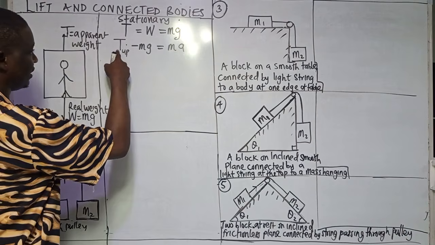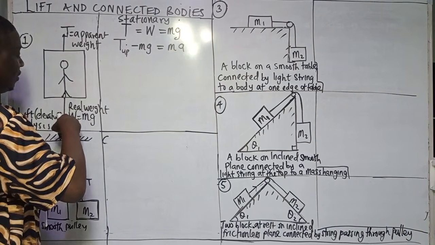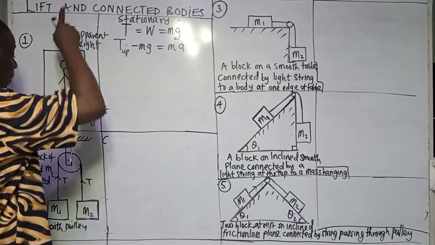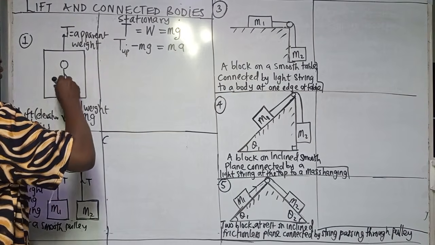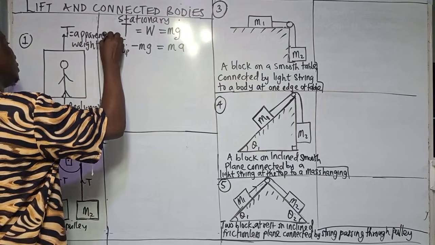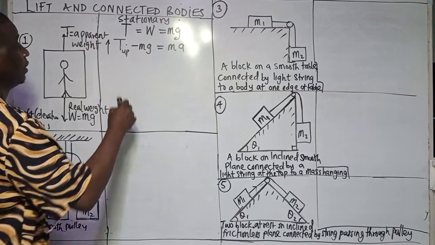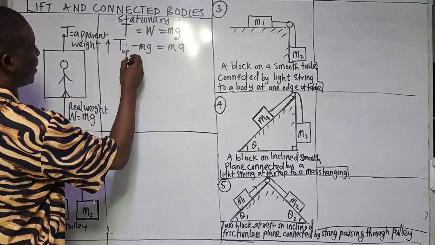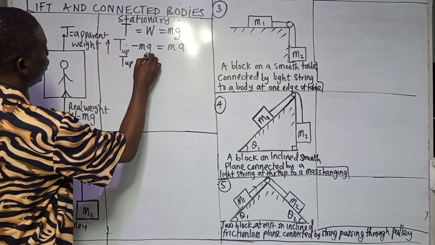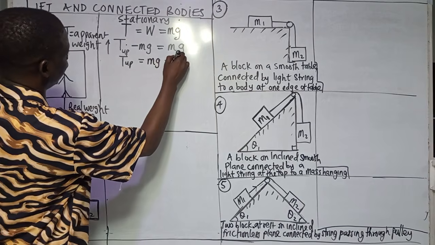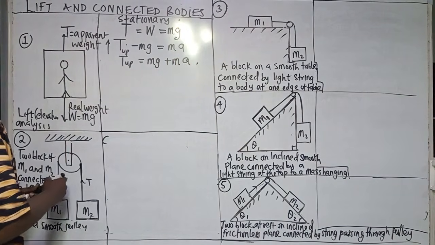This is net force: T up minus weight down. That means if you want to make T the subject of the formula, we can write T up is equal to mg plus ma. That is upward.